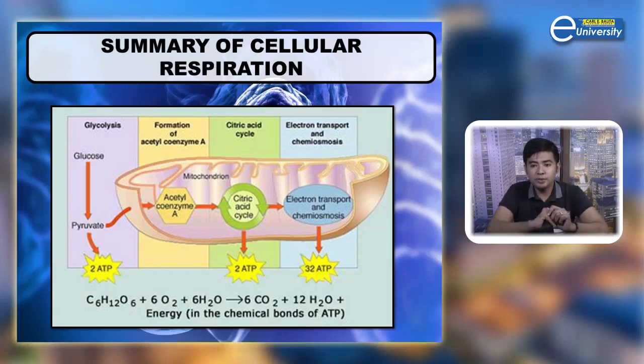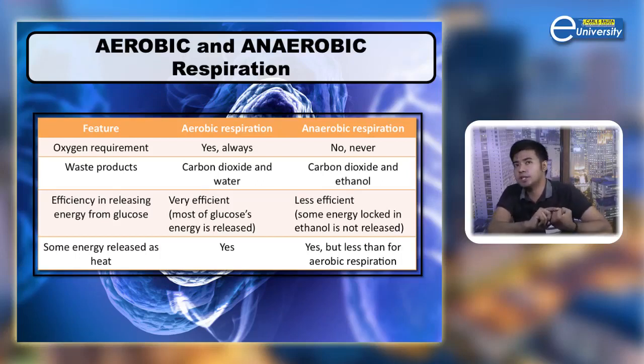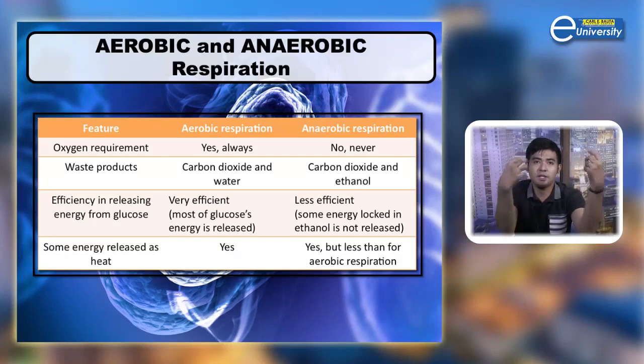So there are two general classifications of respiration. It's either aerobic or anaerobic. The general difference is that aerobic respiration requires oxygen, while anaerobic respiration does not require oxygen. So let's differentiate the two. In terms of oxygen requirement, as I said earlier, aerobic needs oxygen, but anaerobic never. They don't need oxygen.